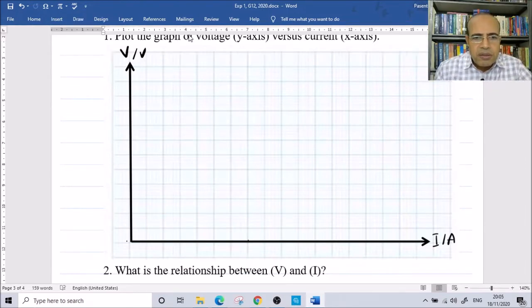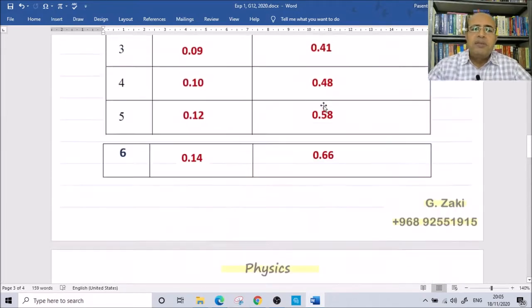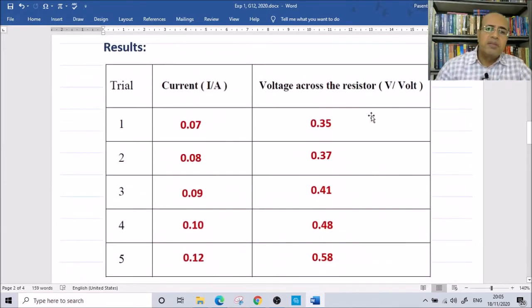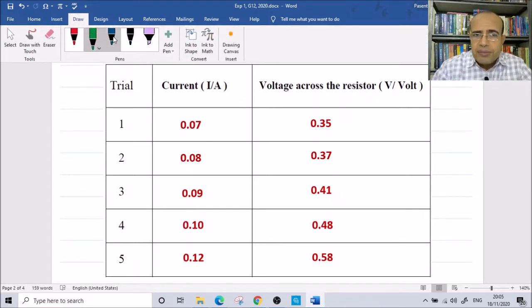We have to start from 0. Now look at the values of the current: 0.07, 0.08, 0.09. The values are very small.